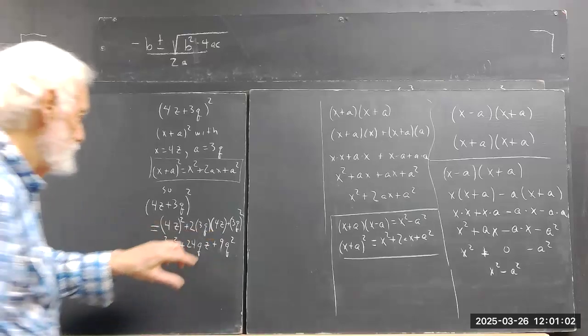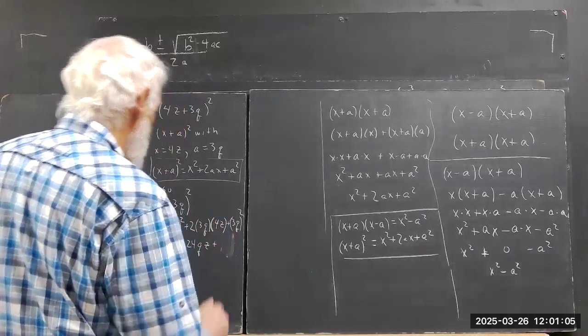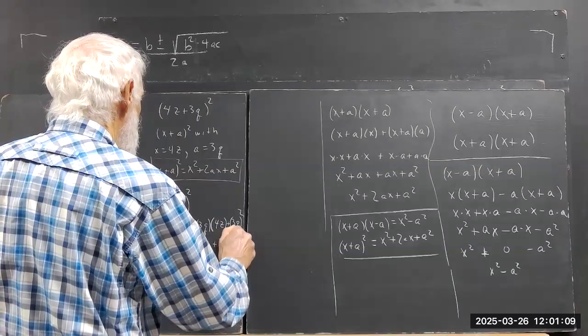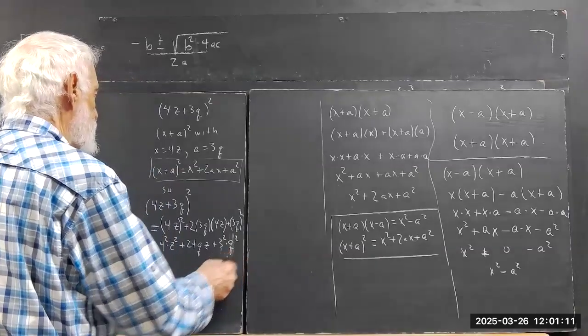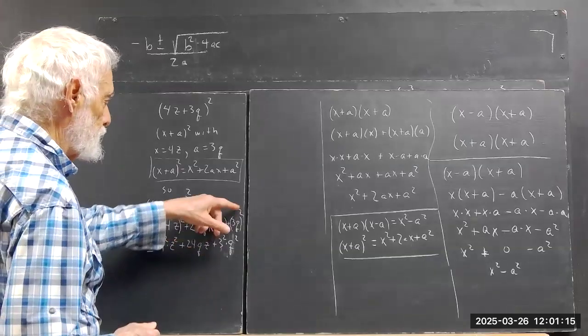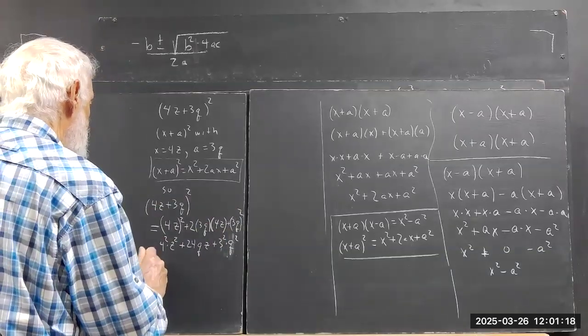And then, well, let's see. So now we got 3 squared times q squared.